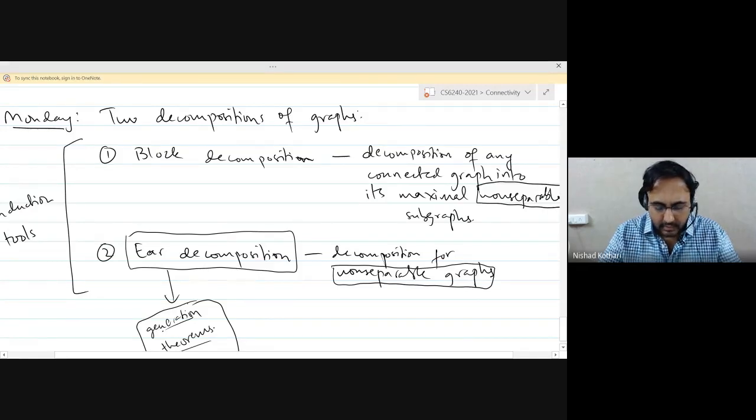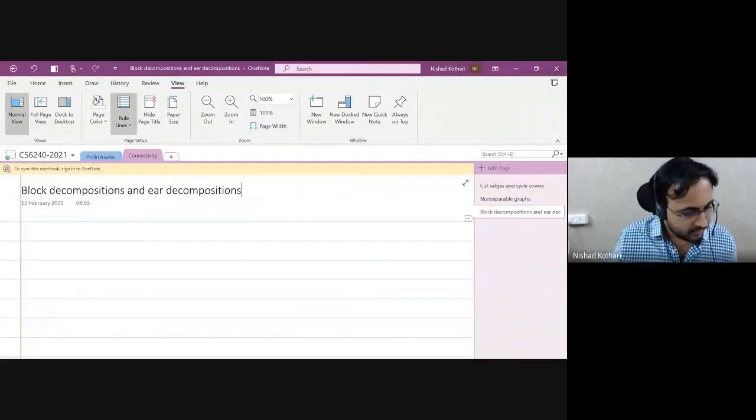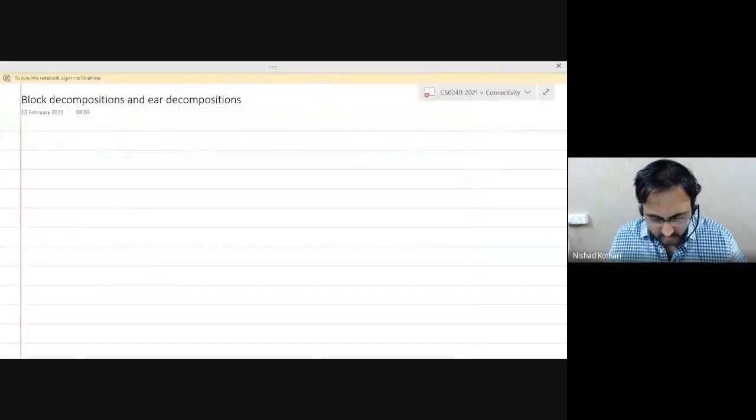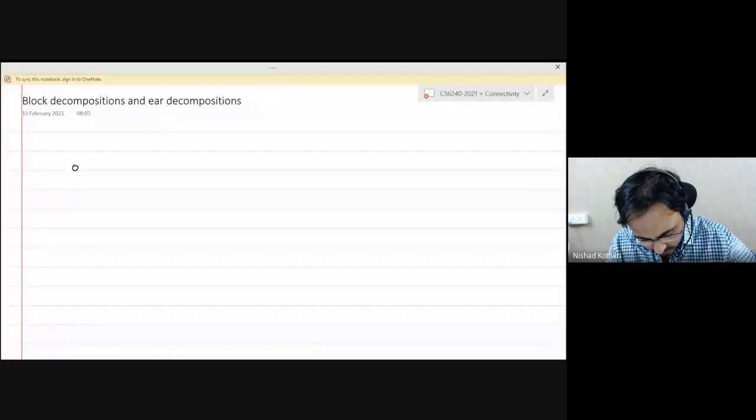So I'll show it to you by example, but I won't prove details about it. We'll focus more on ear decomposition; we'll actually prove things about it. Let's go back to our example from the last lecture. It's a slightly big example, but it illustrates all the features quite well.